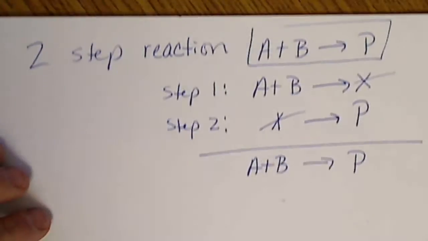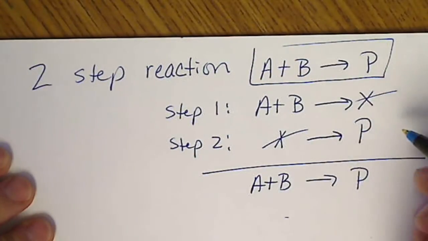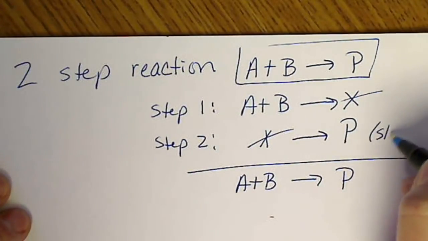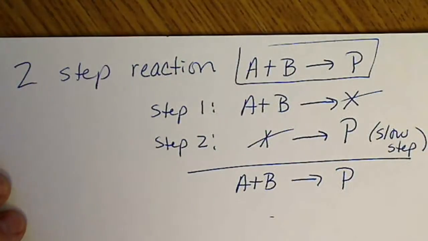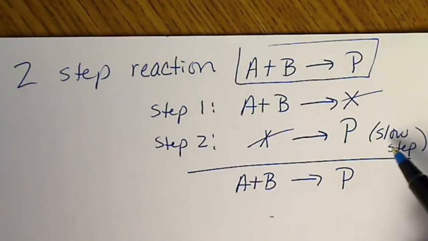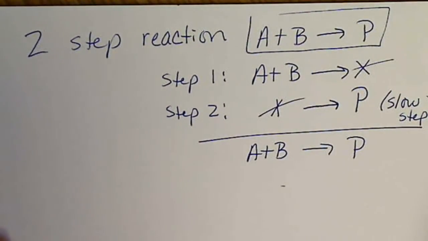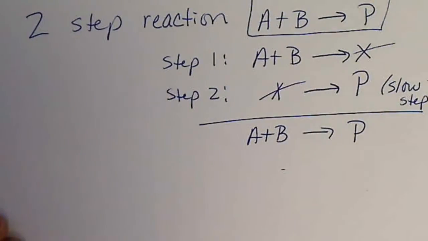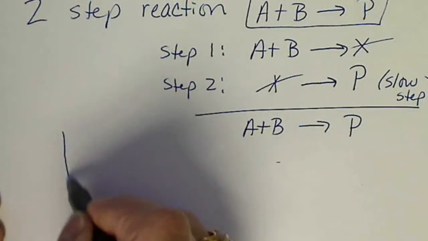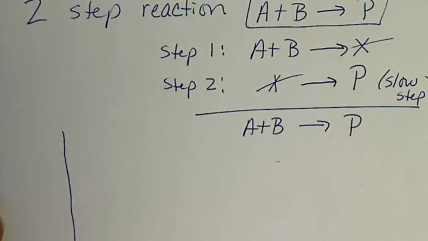And so let's just say that we know that this second step is the slow step. So we can measure a rate, we can actually detect this intermediate, and we know that the second step is the slow step. So the way the energy diagram is going to look for that is, I'm going to put that here, hopefully you can see that.